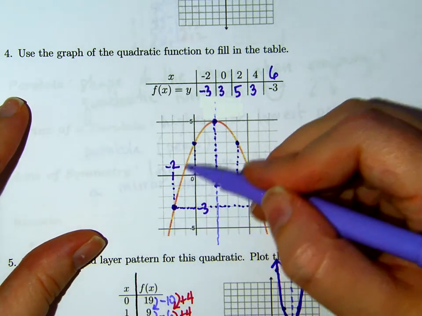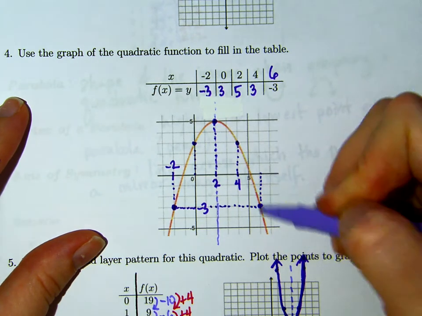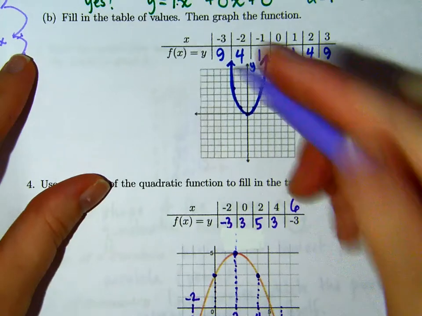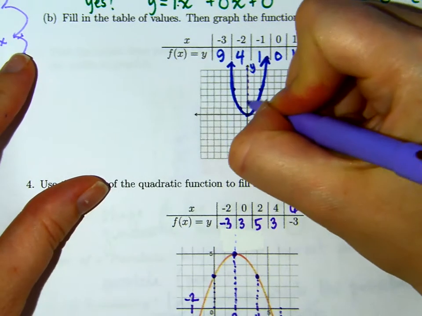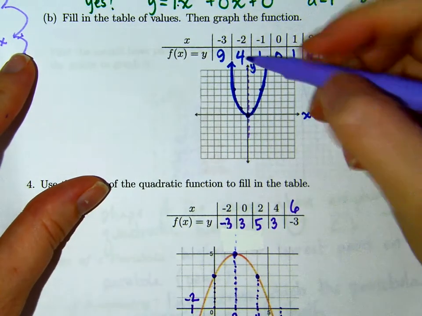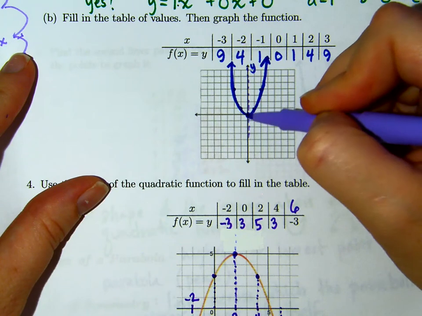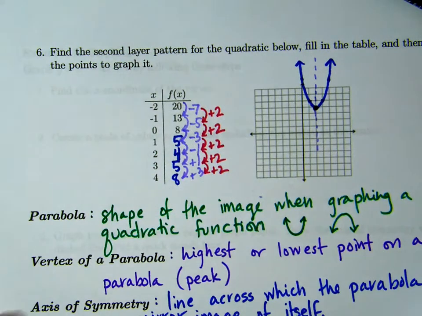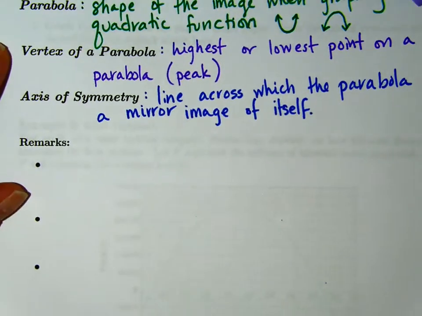So it went up, vertex, came back down. And it's a mirror image across that center line. Here, the center line is actually the y-axis. Here's the peak. It came down, hit the peak, went back up. Yeah? Okay, so these are attributes of the parabola.